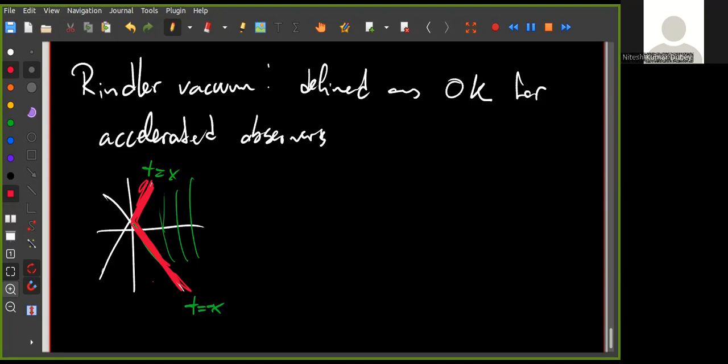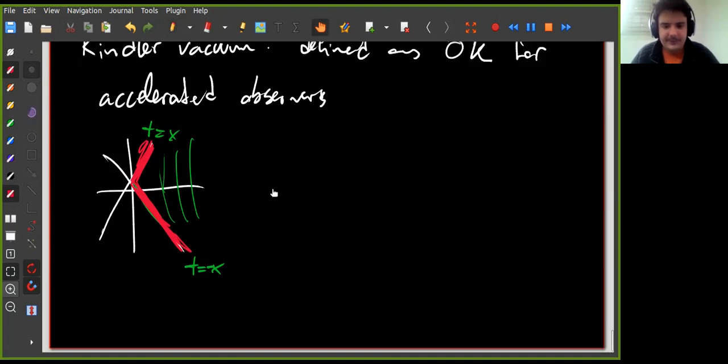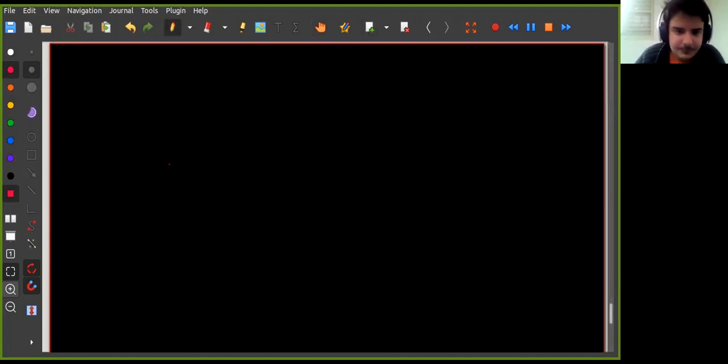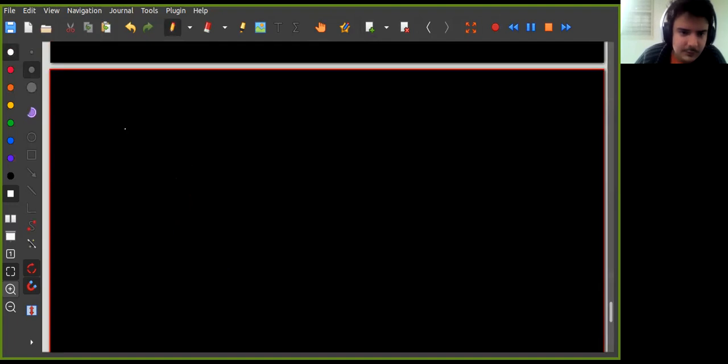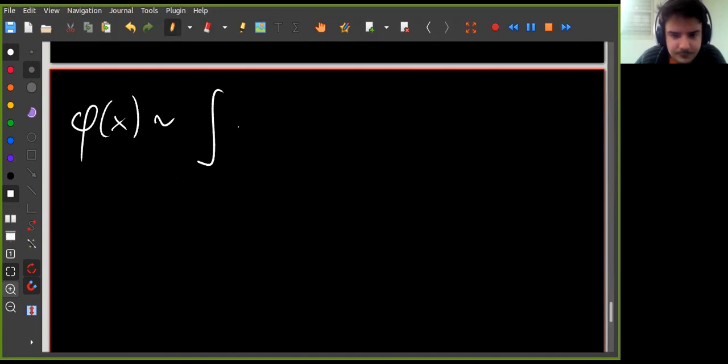Okay. One of the ways of understanding why different observers can see or not see particles is the following. The notion of particle in QFT is given when you decompose the field in creation and annihilation operators.